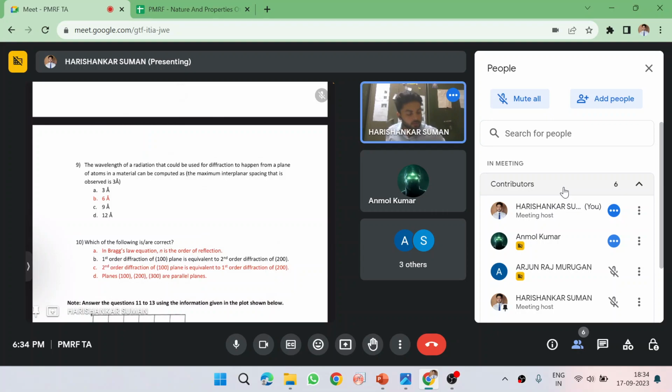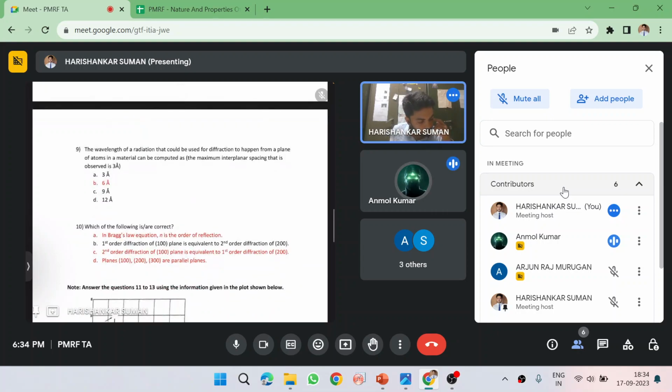Yes, sir. The wavelength of the radiation that could be used for diffraction to happen from a plane of atoms in a metal can be computed as maximum interplanar spacing of 3 angstrom.